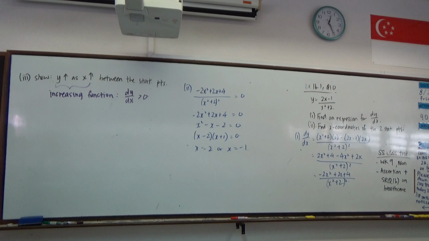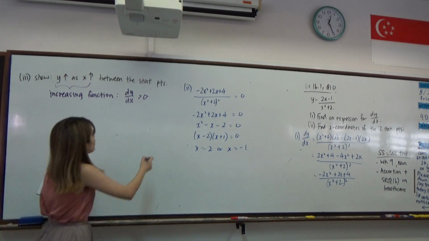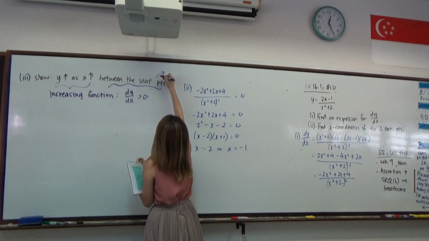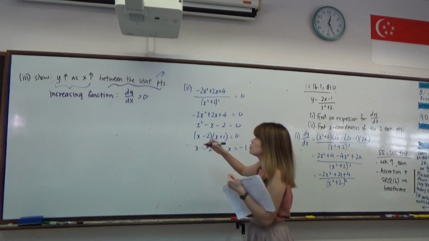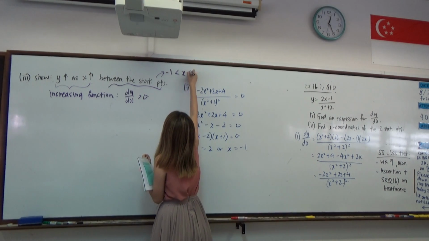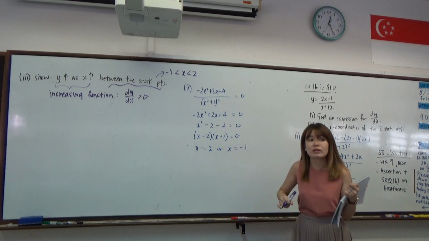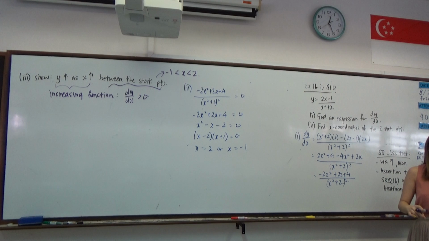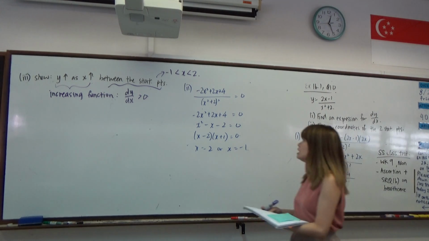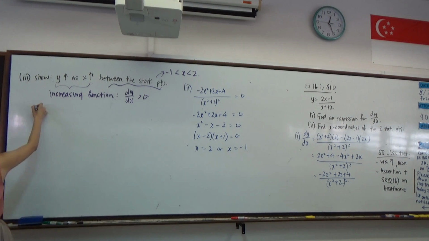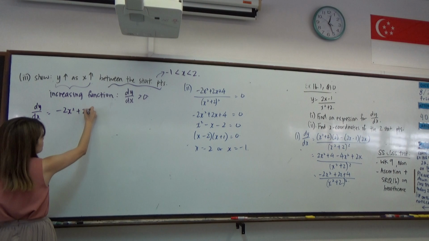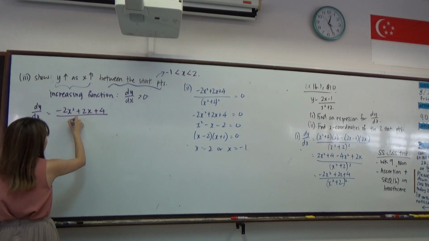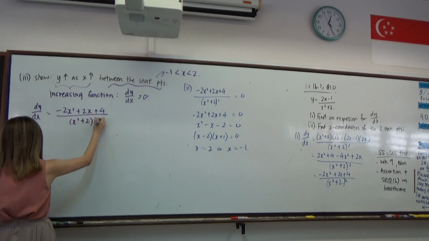Between the stationary points means that we're trying to prove it for the interval from -1 to 2. So this is what the question actually wants. They want you to show that dy over dx is more than 0 in the interval -1 to 2. We have earlier found out that dy over dx is -2x squared plus 2x plus 4 over x squared plus 2 squared.